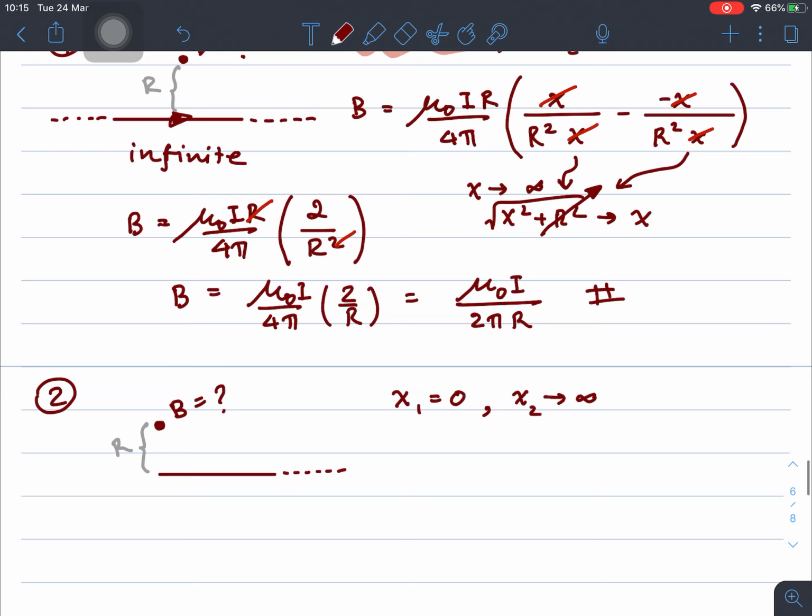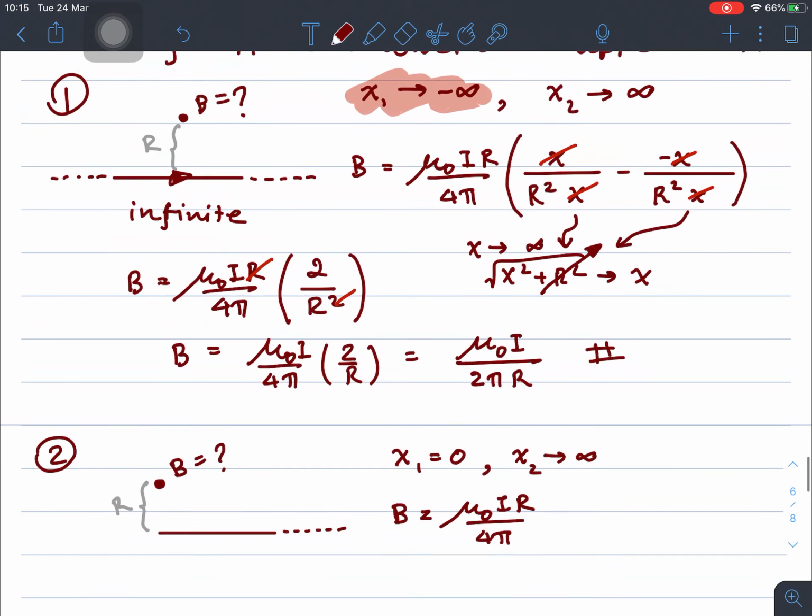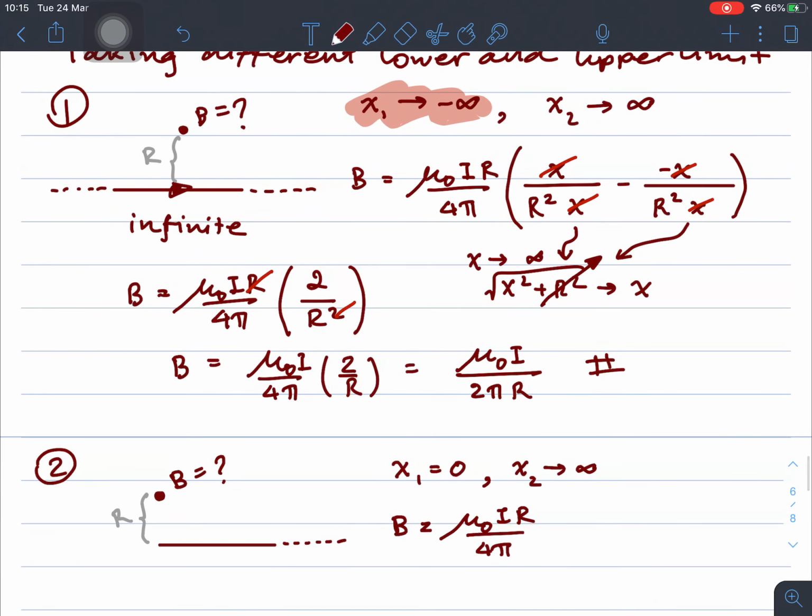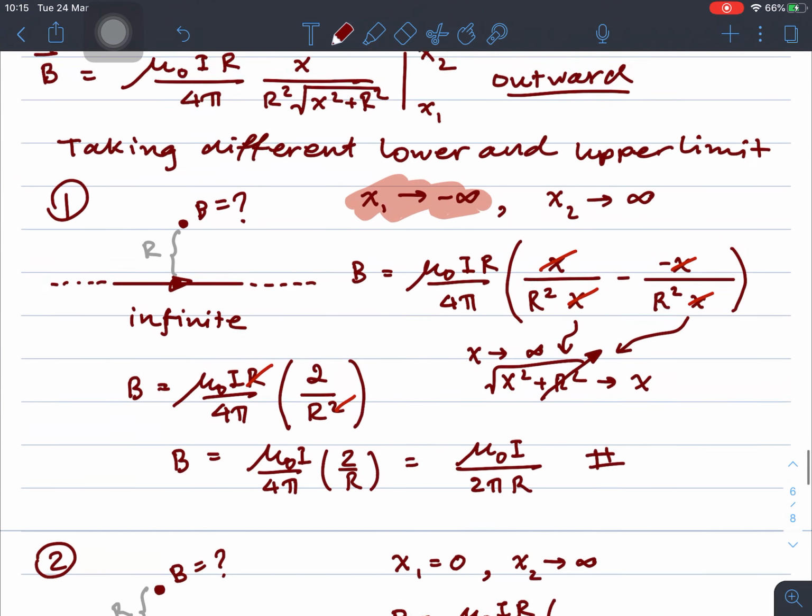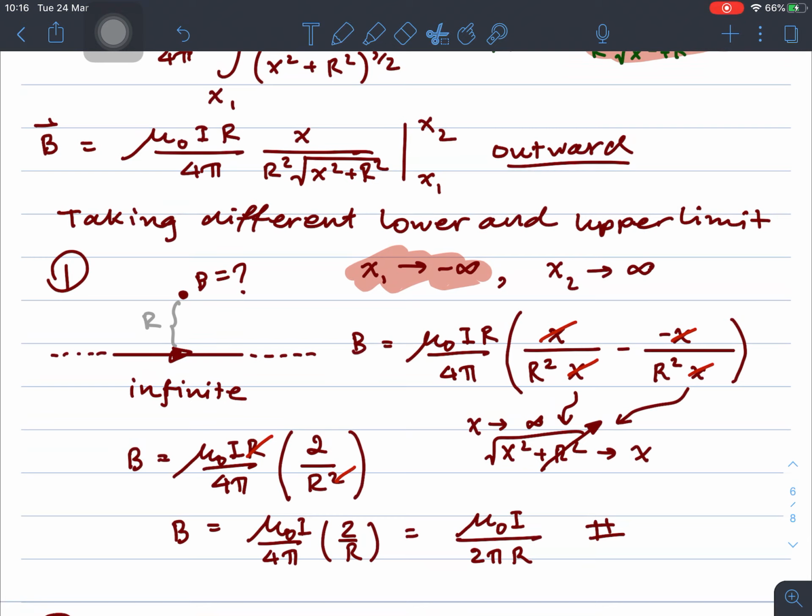So now my B will become the constant mu 0 I r over 4 pi, and then I will take the limits. Maybe I'll just get our expression from here.